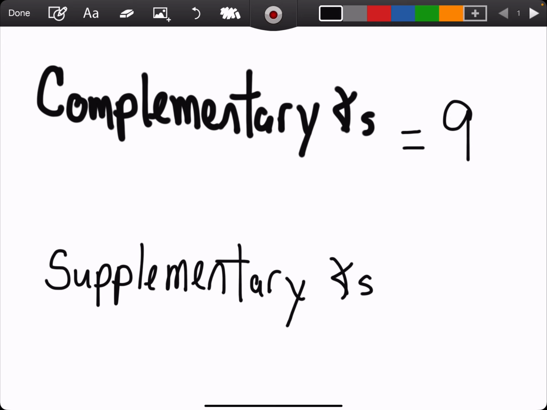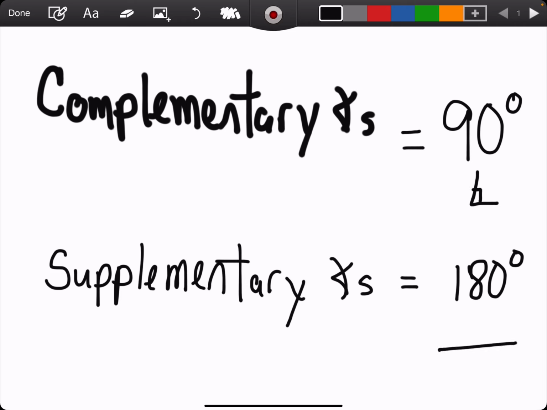So complementary angles equal 90 degrees. Supplementary angles, when they are next to each other, and it could be two angles, it could be three, it could be more, they equal 180 degrees or a straight line. So complementary angles form a right angle, and supplementary angles form a straight angle, okay?